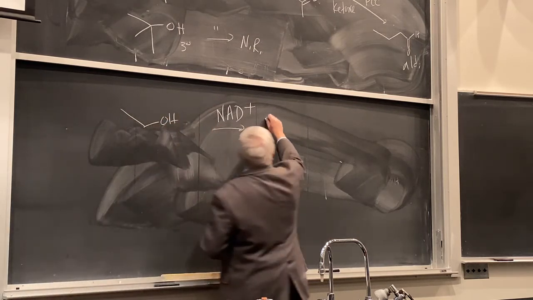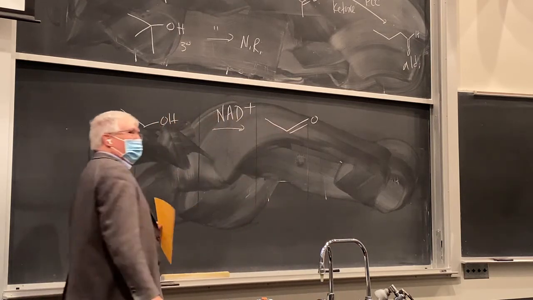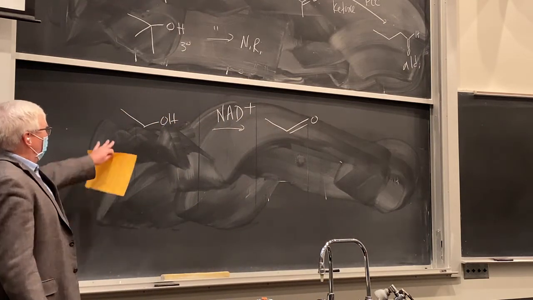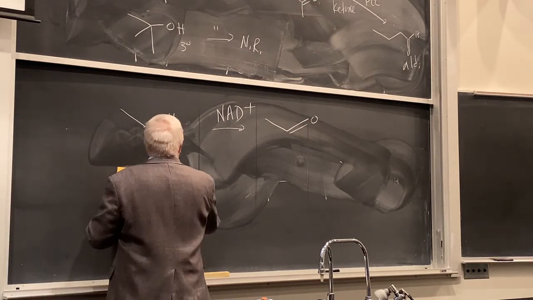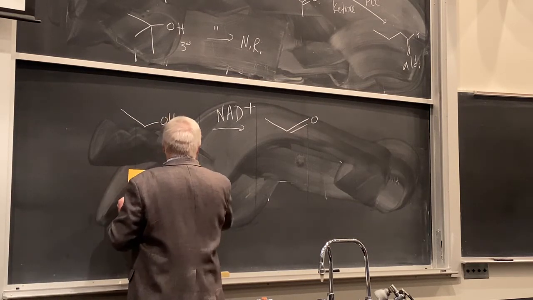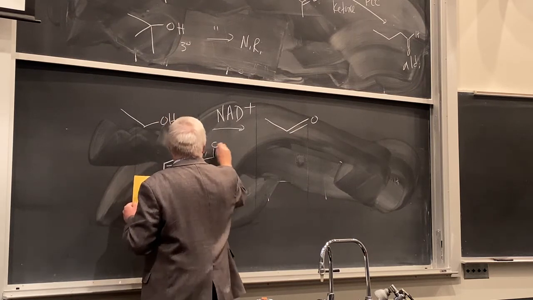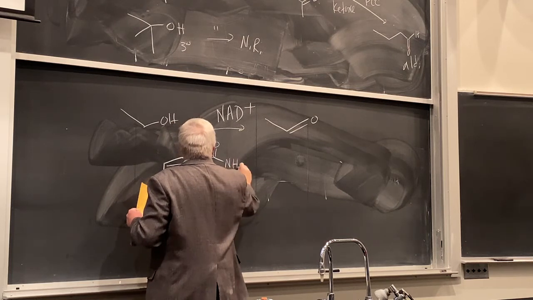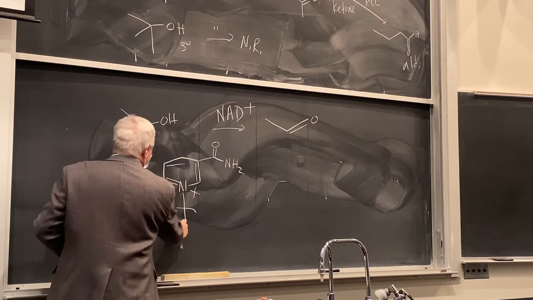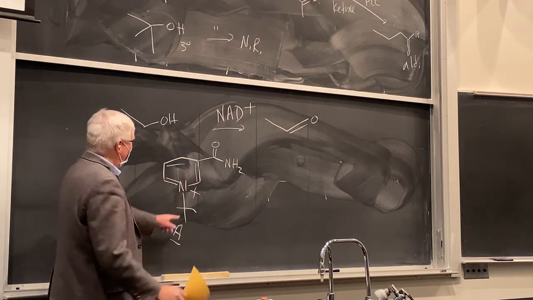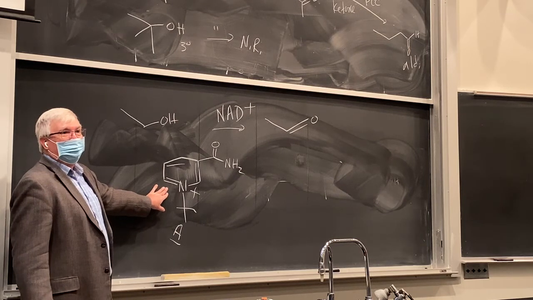This is going to take off hydrogens and do the oxidation to the aldehyde, acetaldehyde, from ethanol, okay? So how does this work? Well, NAD+ is this. It's nicotinamide adenine dinucleotide. The nicotinamide is related to nicotine, by the way. There's a big thing down here that has adenosine and a dinucleotide. We're not looking at that. This is just the business end of NAD+.